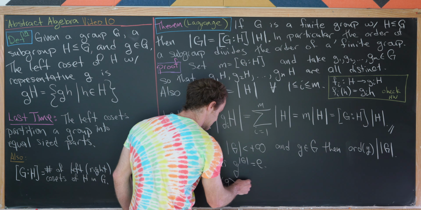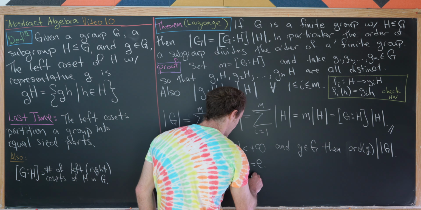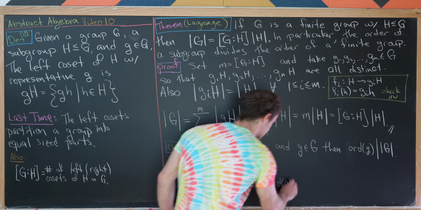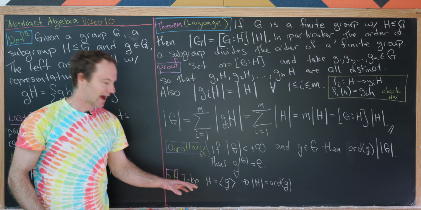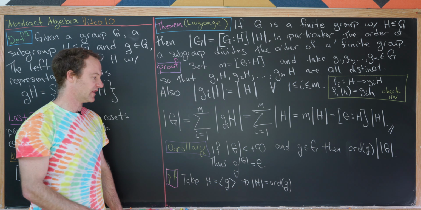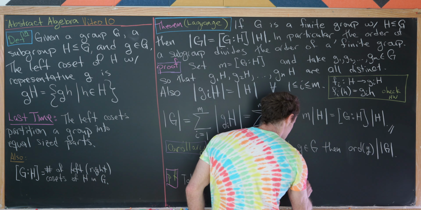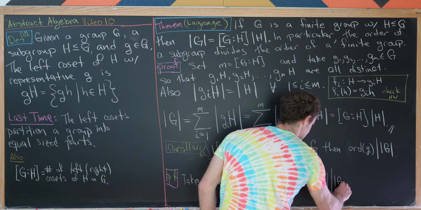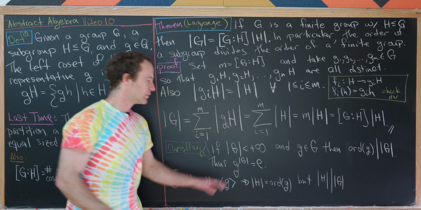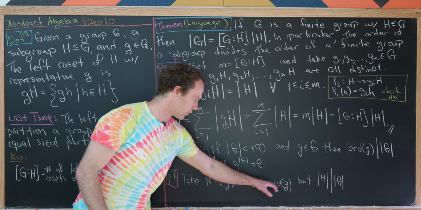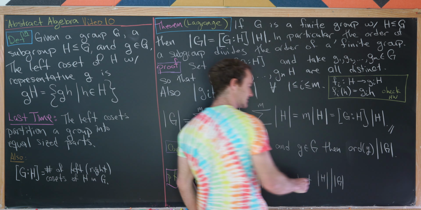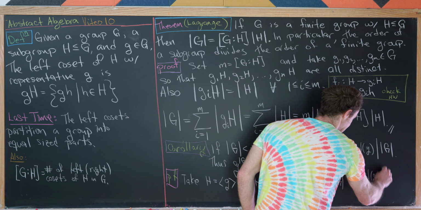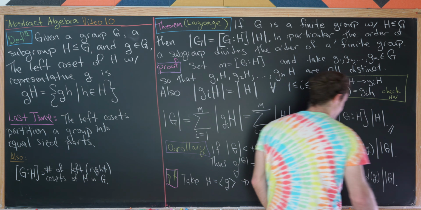And then let's notice that the order of H is equal to the order of little g, just by that duality between a cyclic subgroup and the element. But we know from Lagrange's theorem that the order of H divides the order of G. But if the order of H is the order of little g as an element, then that means immediately that the order of little g divides the order of the group.